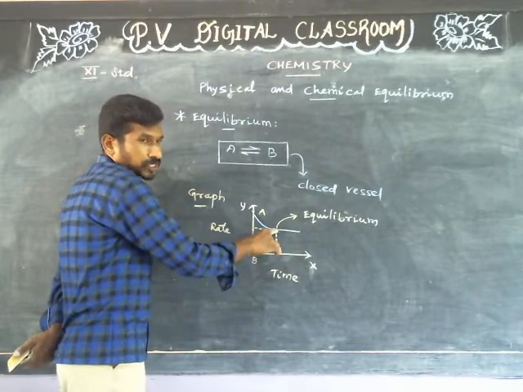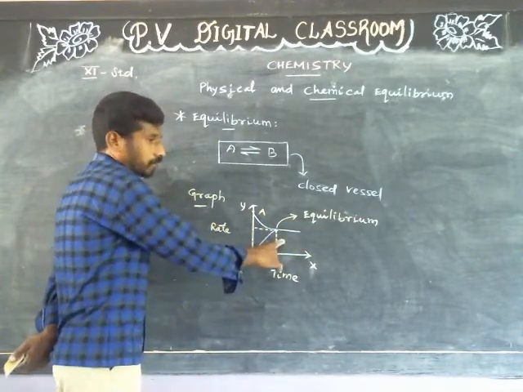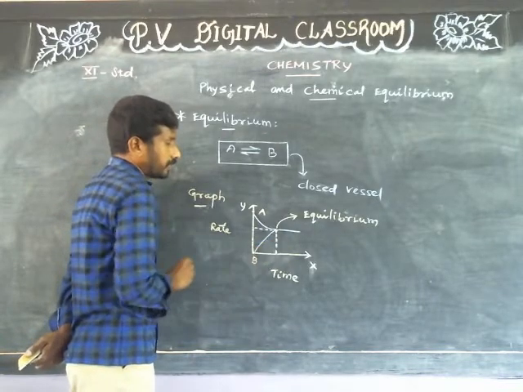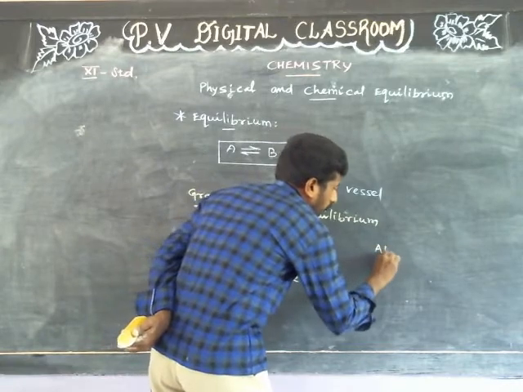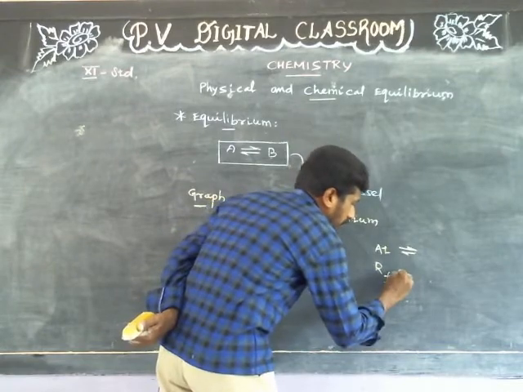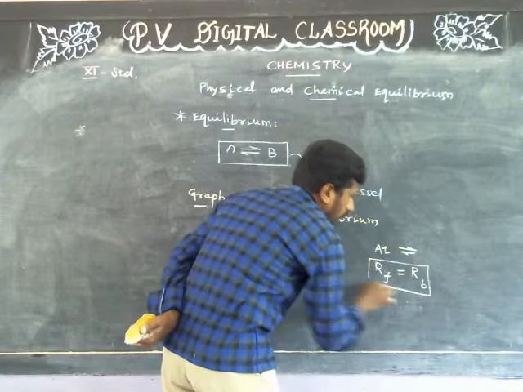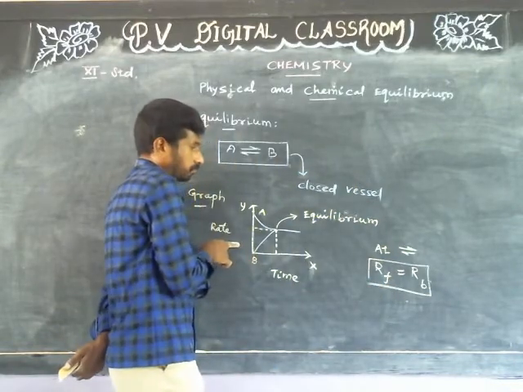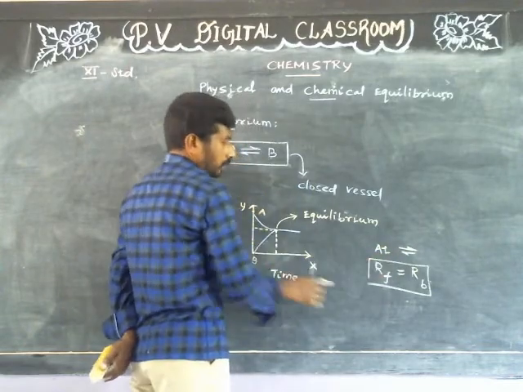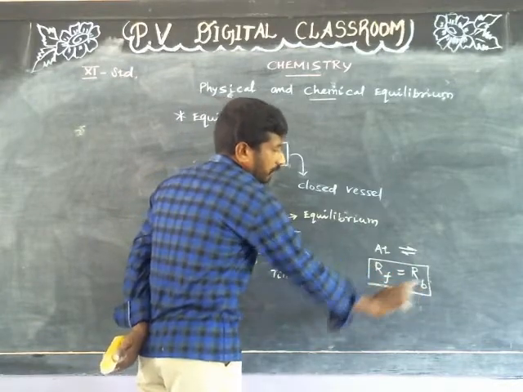That particular position is called equilibrium. From this graph, we have concluded that at equilibrium, the rate of the forward reaction is equal to the rate of the backward reaction.